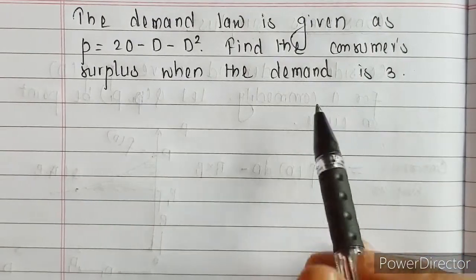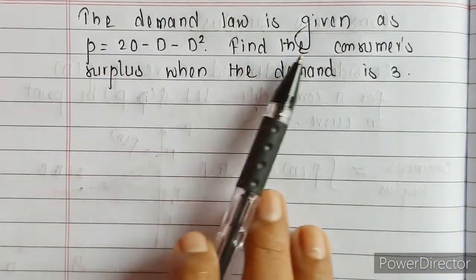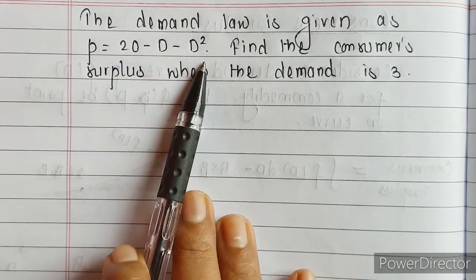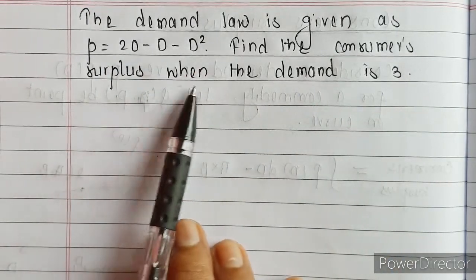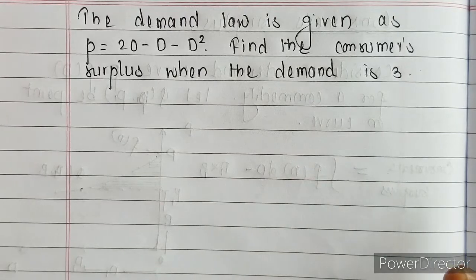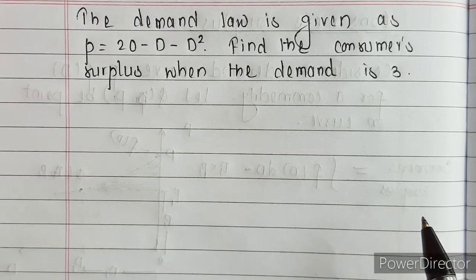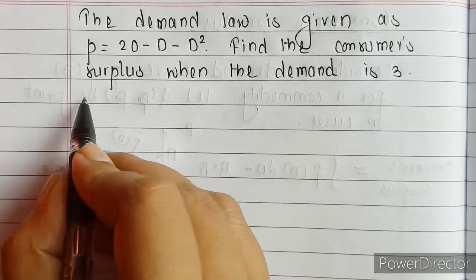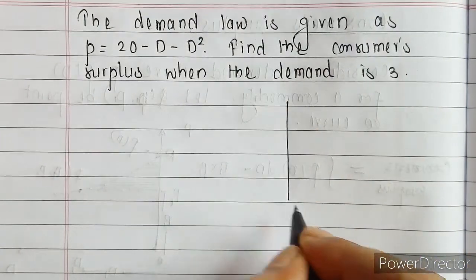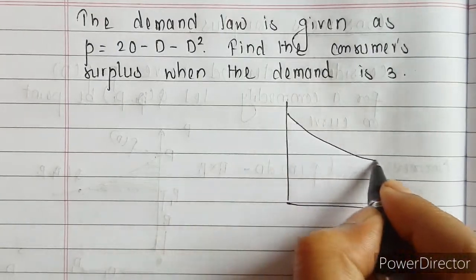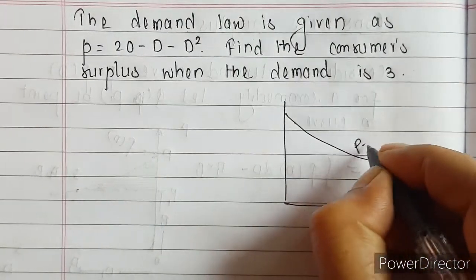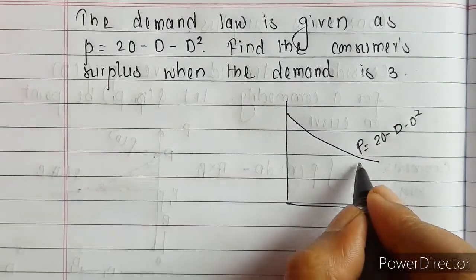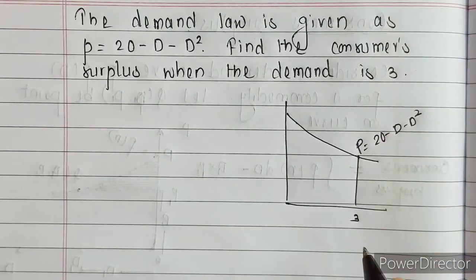Let's look at this example. The demand law is given as P equals 20 minus D square. Find the consumer surplus when demand is 3. Suppose this is our curve, 20 minus D square, and demand is 3.